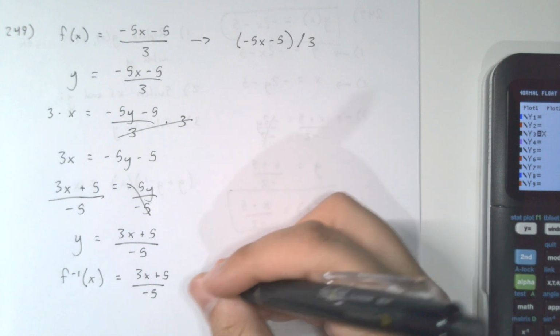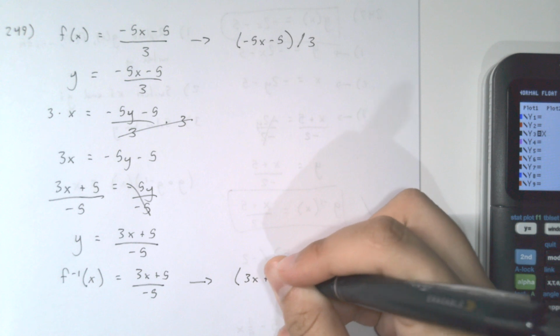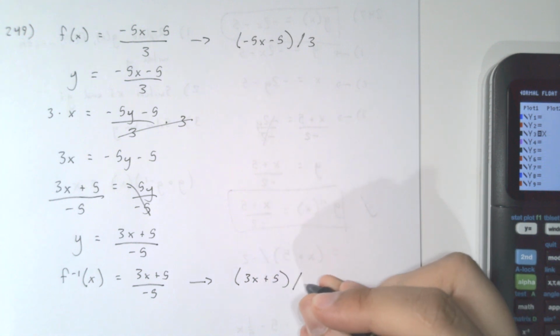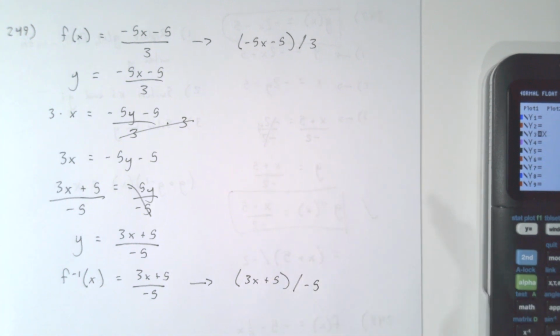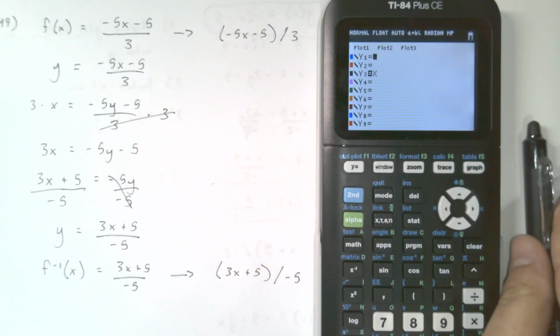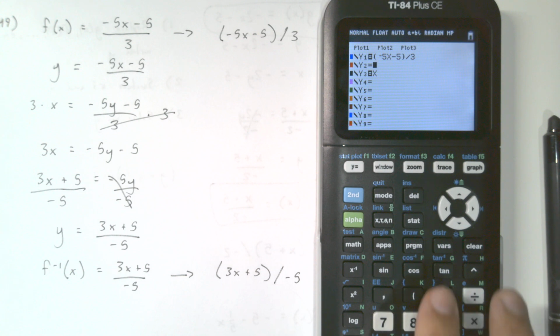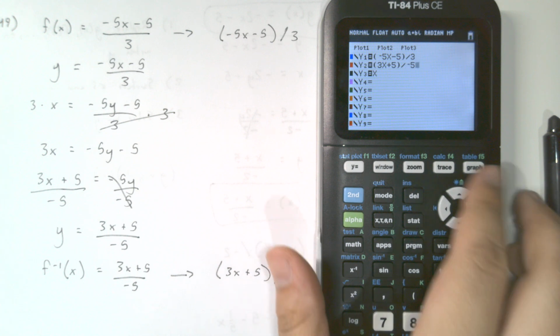And for the other one here, again, we have to put the entire numerator in parentheses, so 3x plus 5, and then divided by negative 5. So typing those in, we have negative 5x minus 5 divided by 3, and then we have 3x plus 5 divided by negative 5.